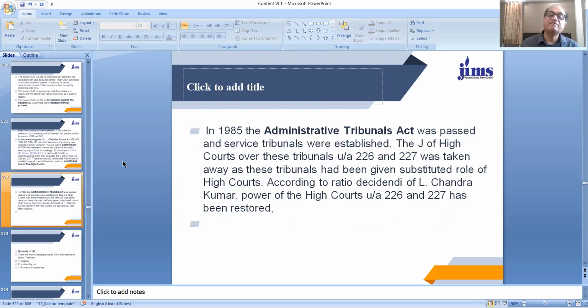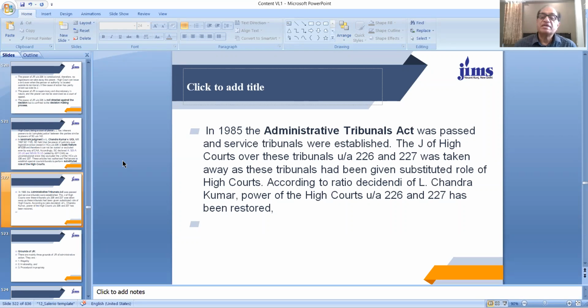And in 1985, the Administrative Tribunal Act was also passed and service tribunals were established, as all of you know. By this Administrative Tribunal Act of 1985, the jurisdiction of high courts over these tribunals under Articles 226 and 227 was taken away, as these tribunals had been given a substituted role of the High Court.